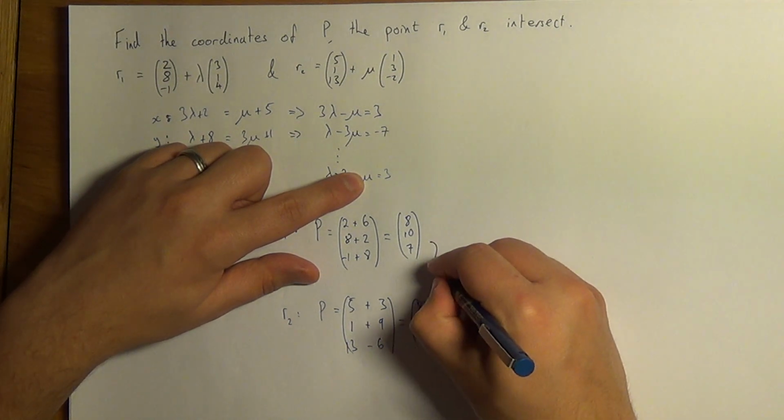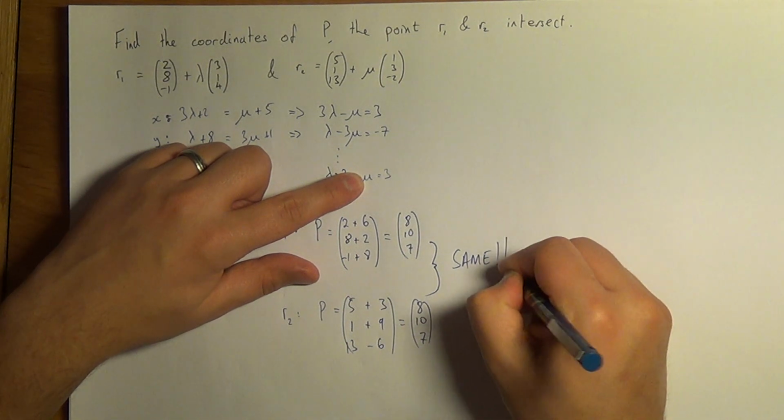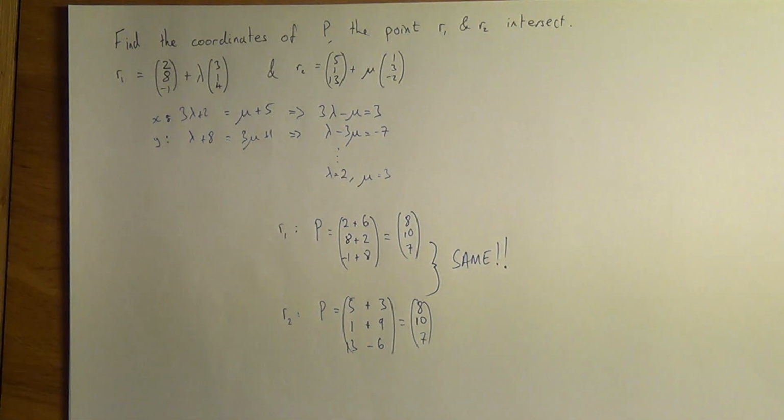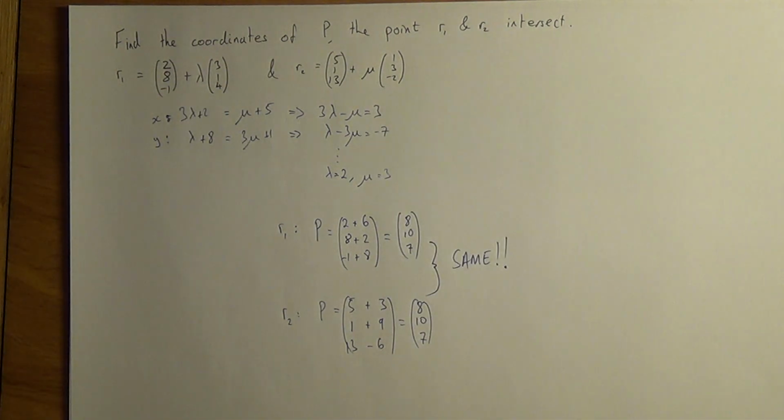And oh look, those are the same. So they lie on both lines, which means that must be the place where those lines intersect. And they're clearly not parallel, so they're not the same line. Fantastic.